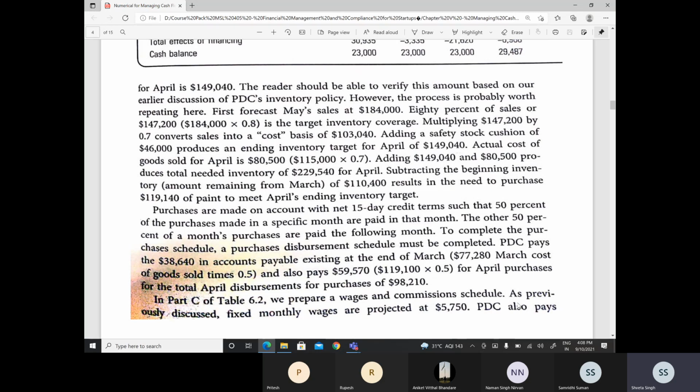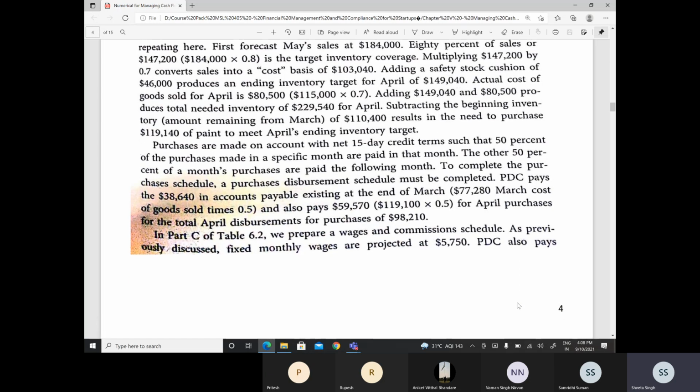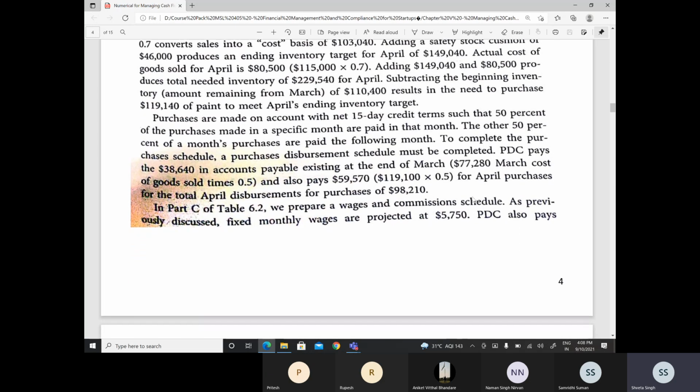Multiplying 147,200 by 0.7 converts sales into a COGS basis or cost basis of 103,040. Adding a safety stock cushion of $46,000 produces an ending inventory target for April of 149,040. Actual cost of goods sold for April is 80,500, which is nothing but 115,000 into 0.7.